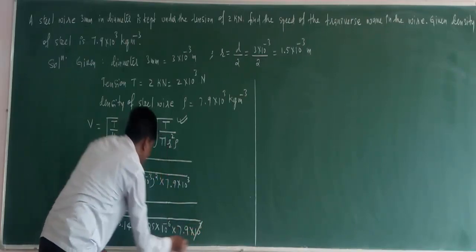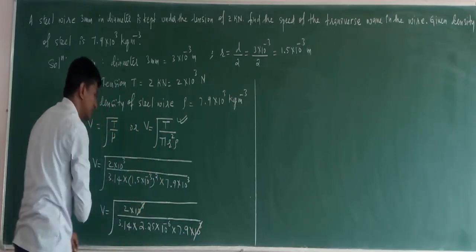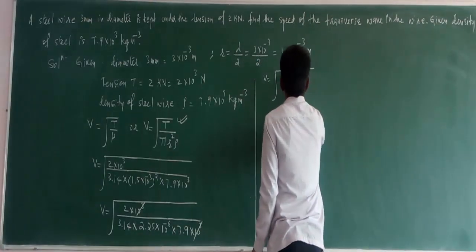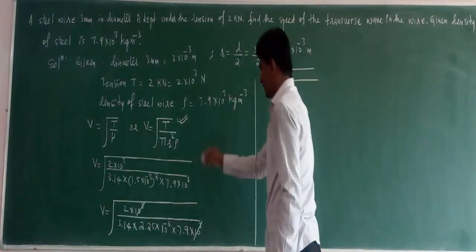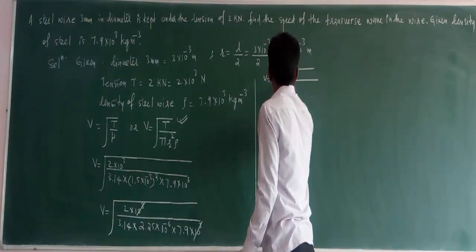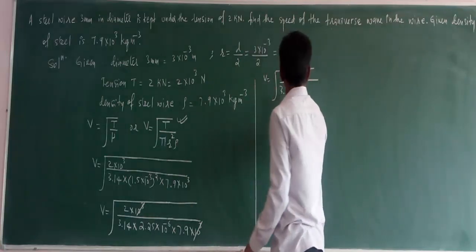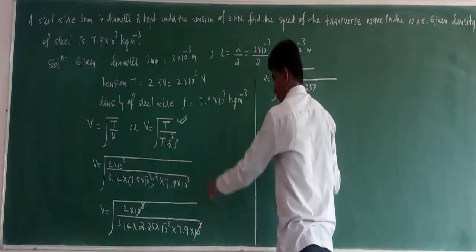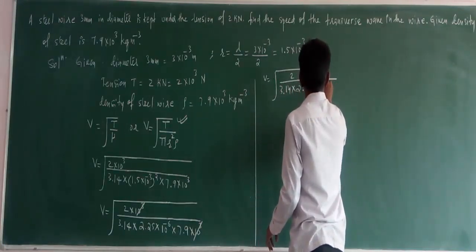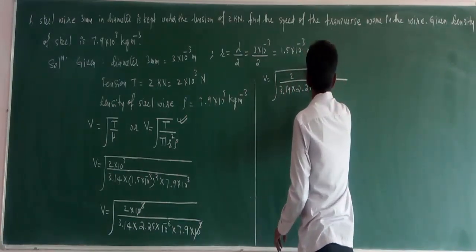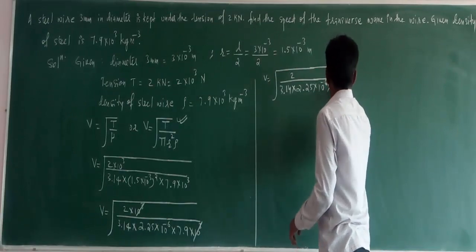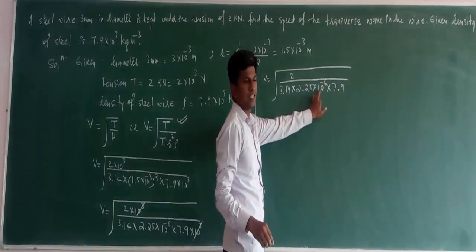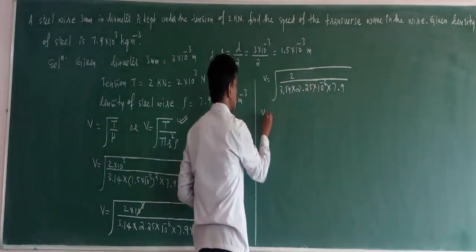This 10 raised to 3 and this 10 raised to 3 get cancelled out. Then V is equal to root of 2 divided by 3.14 multiplied by 2.25 multiplied by 10 raised to minus 6 multiplied by 7.9.